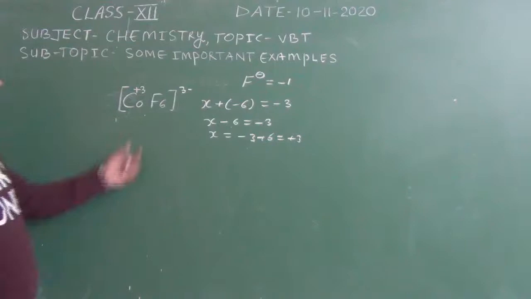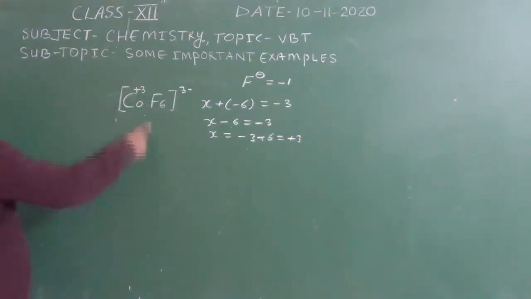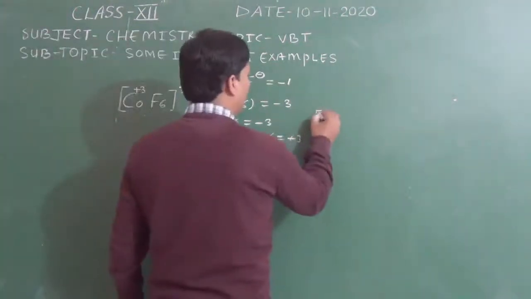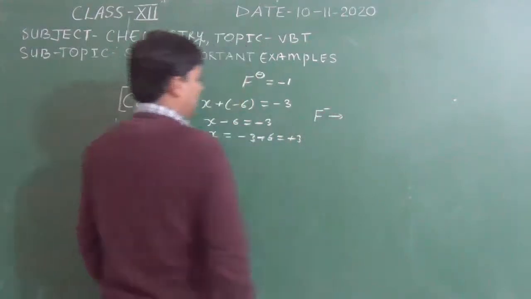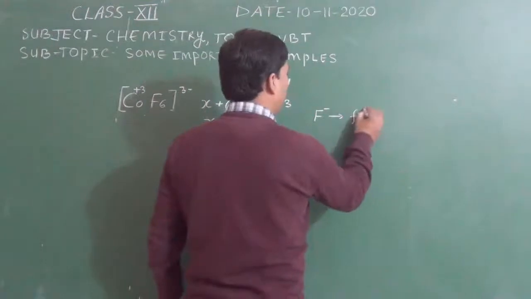Now you are required to write the name of this compound. First of all, write the names of the ligands. How many ligands? 6 ligands. In IUPAC nomenclature, fluoride is written as fluorido.